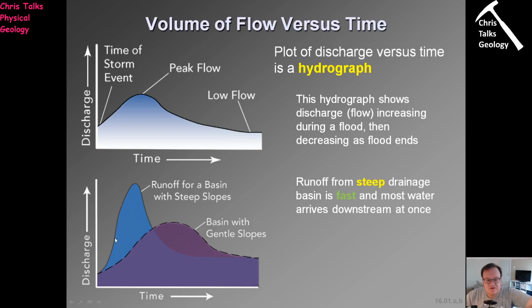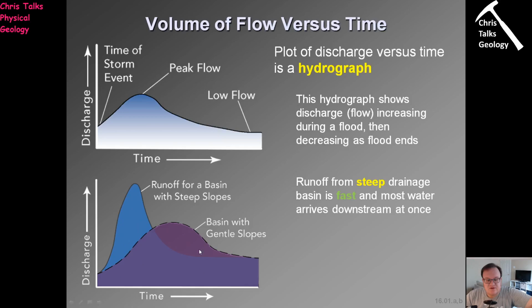The one thing you'll notice though is, although the height changes, the width of the peak also changes. So when you have a storm in a steep basin or in a basin where there's lots of urbanization, you'll see the amount of discharge goes up very, very quickly, but the peak is nowhere near as broad, so the discharge moves through the system a lot quicker.